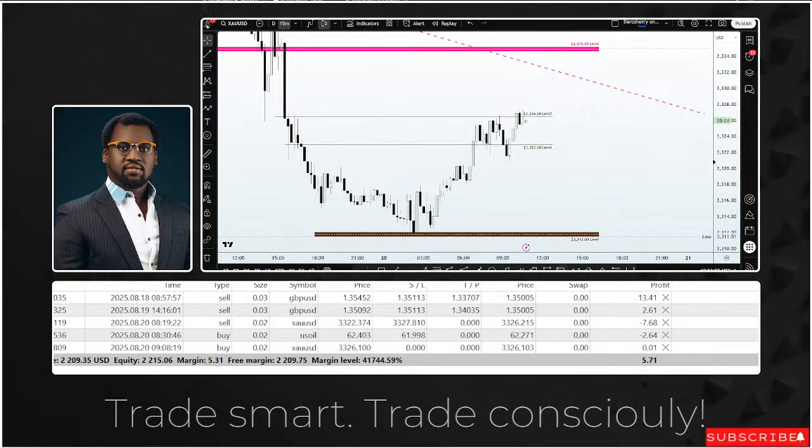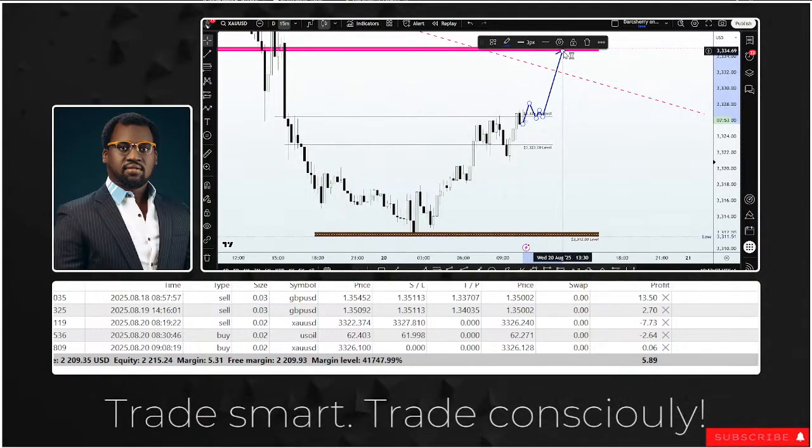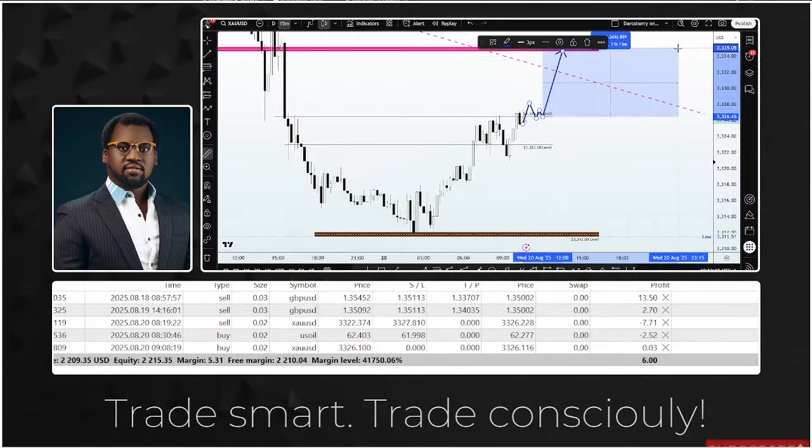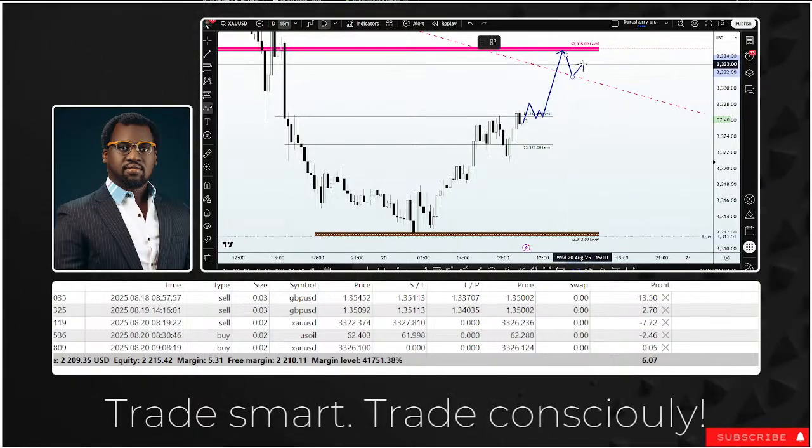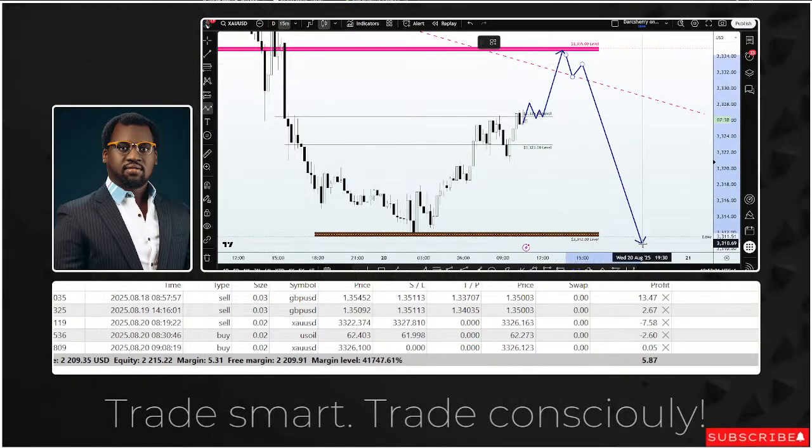However, if price action breaks out, retests the 3,326, and then buy pressure persists there, we could see a move back into the trend line or the key level, which will be dovetailing to a minimum of 57 pips to a maximum of 85 pips before the next leg of bearish momentum begins.